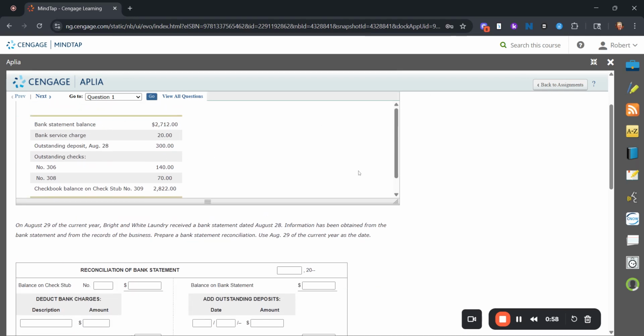So at the top part, some information was provided to us from the bank statement. Plus, we have some other transactions that we're going to record on the reconciliation sheet that were made after the bank statement was created.